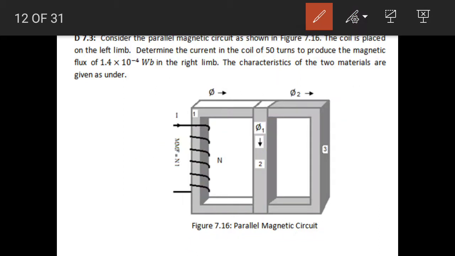If you look at this magnetic circuit, the left limb is represented by 1, the central limb is represented by 2, and the right limb is represented by 3.